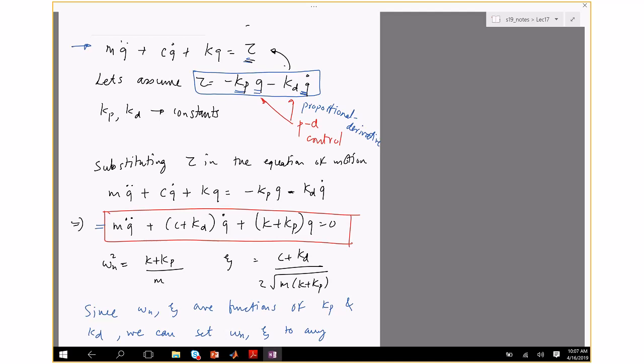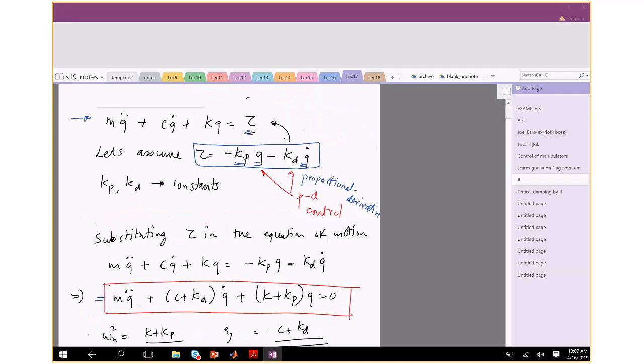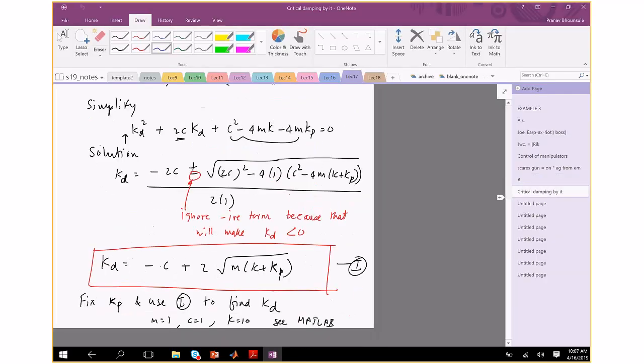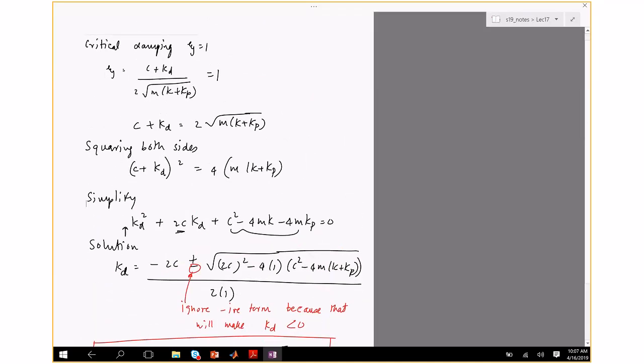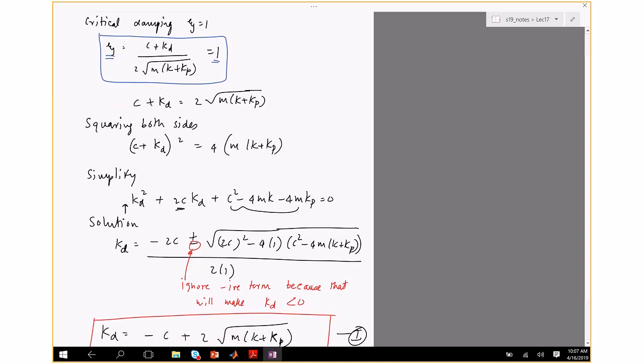So what we did was I ended up setting the equation for critical damping, which is this. The damping equals 1. I solved for Kd. So I got, because it's a quadratic equation, I got 2 roots.